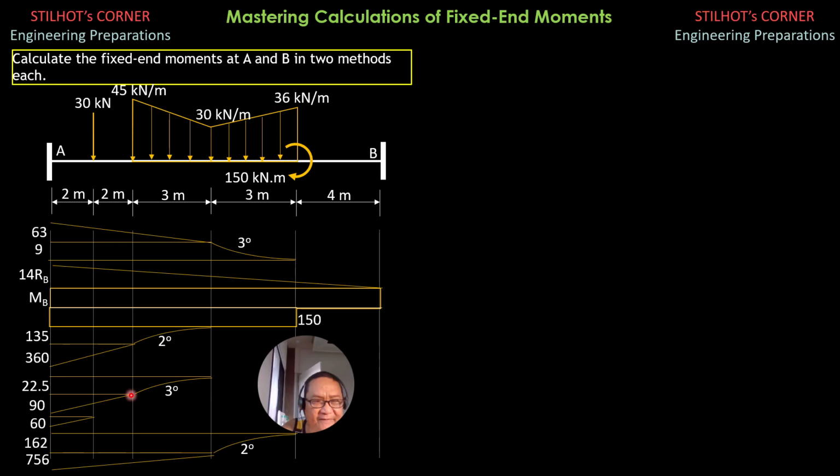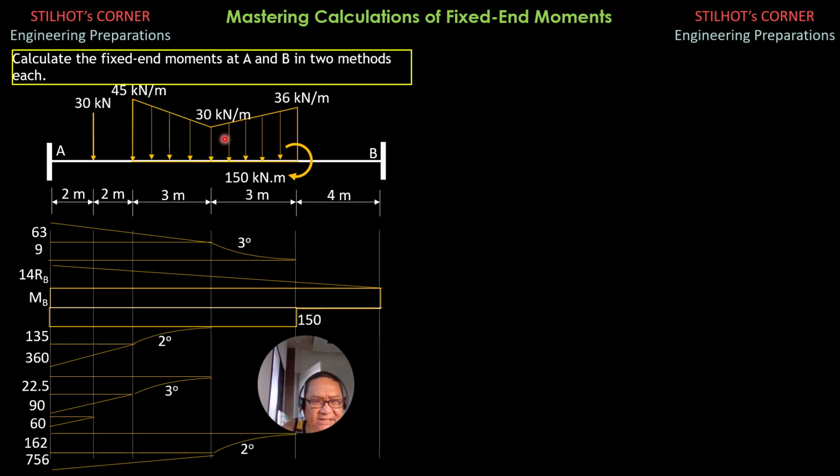Then 22.5, the equivalent force at this end here, times 4 meters, so we have 90 kilonewton meter additional moment. Then for the 30 kilonewton load, it is 30 times 2, so 60.